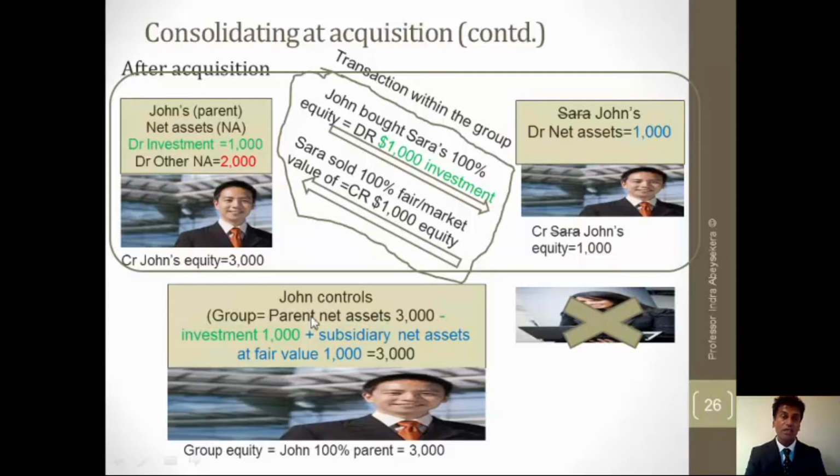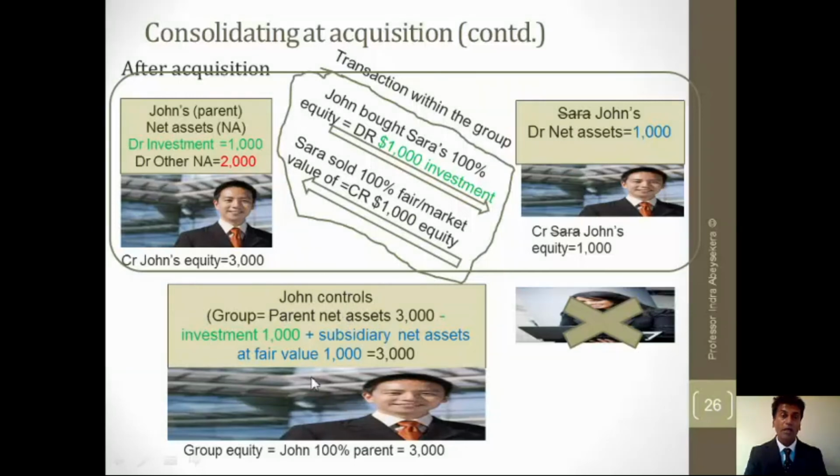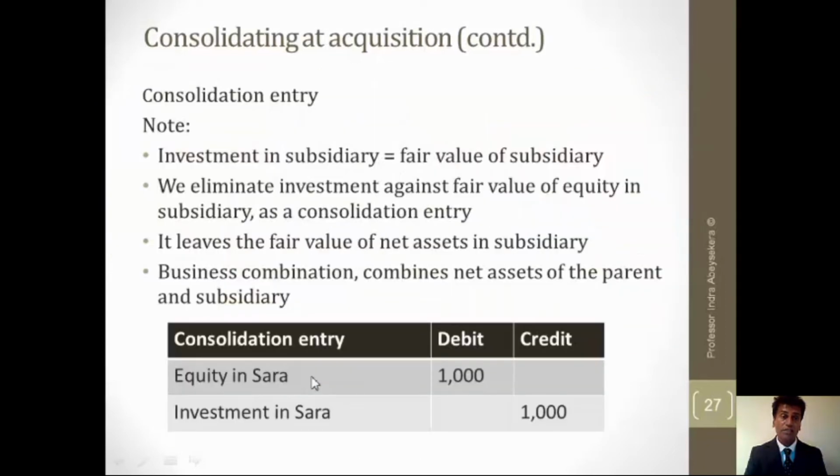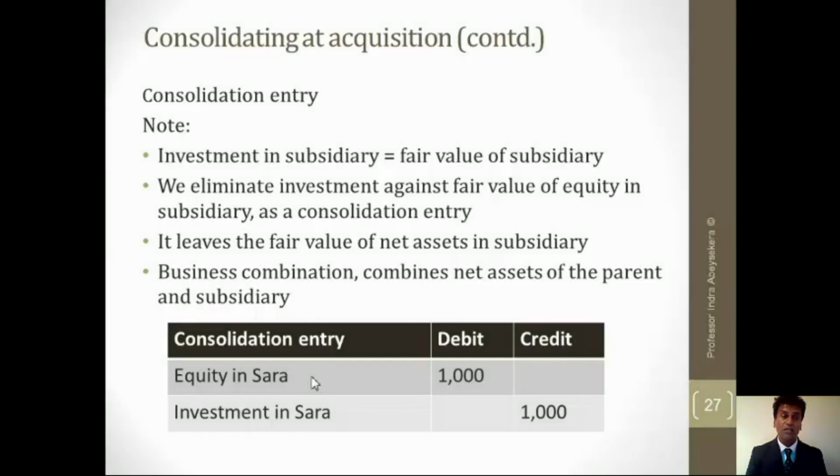So what we see here is John's net assets, Sarah's net assets, and then John's equity in the parent. So that is what we see in the combined entity. The consolidation entry required for that is debit equity in the subsidiary, in Sarah, and credit investment in the subsidiary, investment in Sarah, credit 1,000.